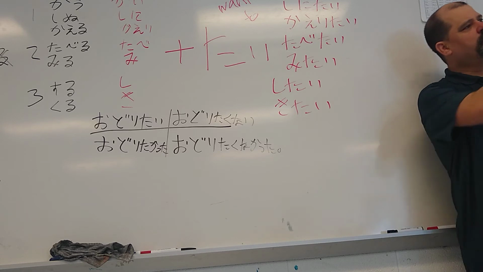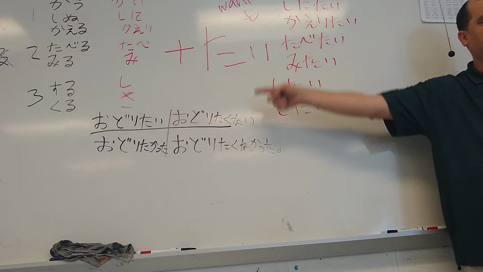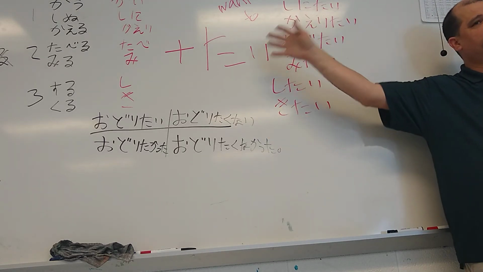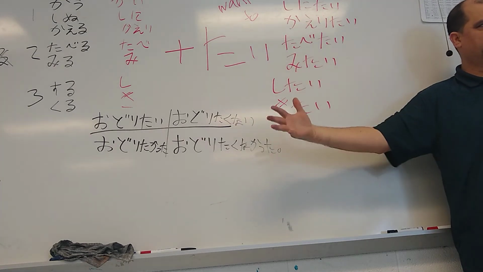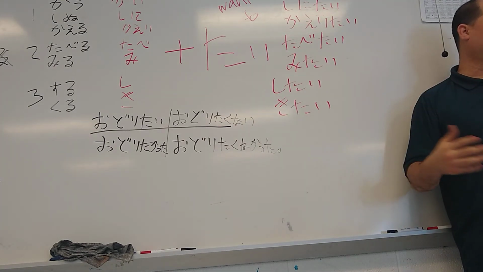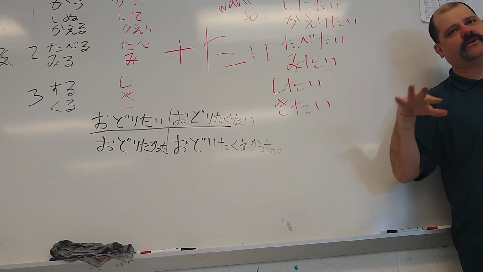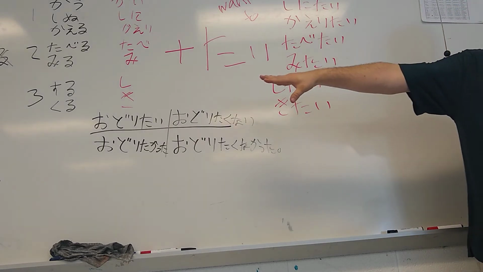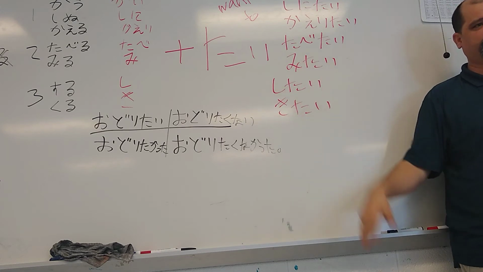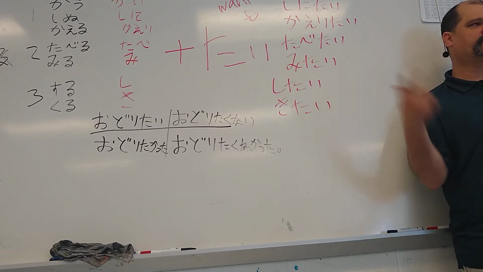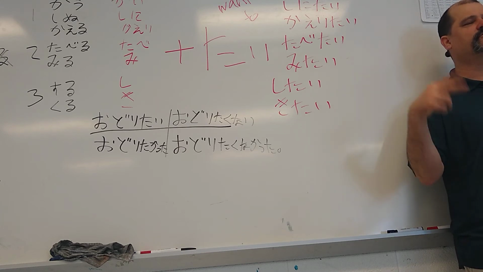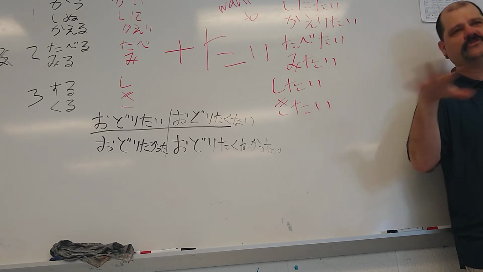Okay? The important thing here is with tai, you're going to use this with verbs. So this is a verb motion, okay? If we're using it with a noun, we're going to use the next one which we will learn, which is hoshii. Blank ga hoshii. So if you say, I want a Nintendo Switch, Nintendo Switch ga hoshii.